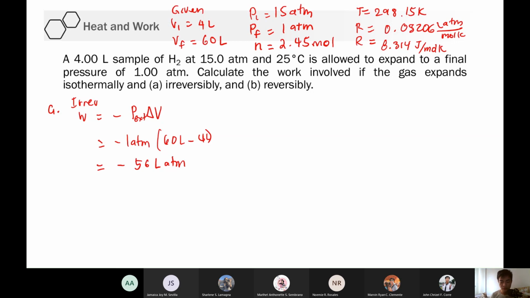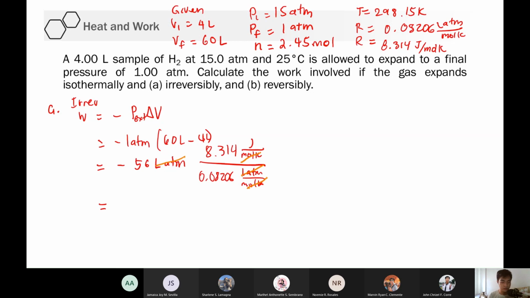Now, we need to convert the L·atm to joules. Okay? How to convert that? Multiply it by the 8.314 joule per mole Kelvin, over 0.08206 liter atm per mole Kelvin. So you can see the liter atm cancels out. The mole per Kelvin also cancels out. So you are left with the joule. Okay?